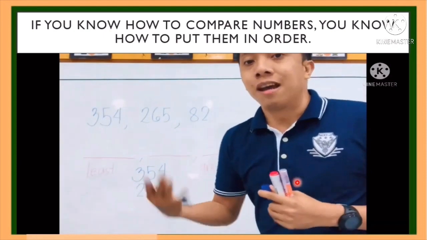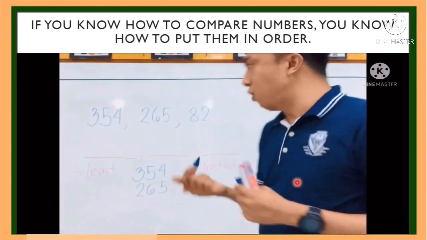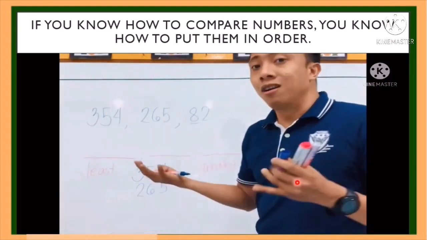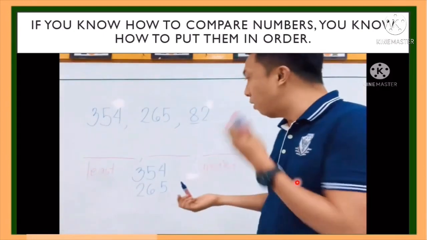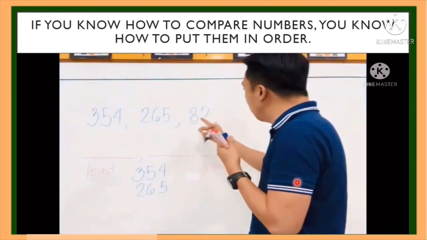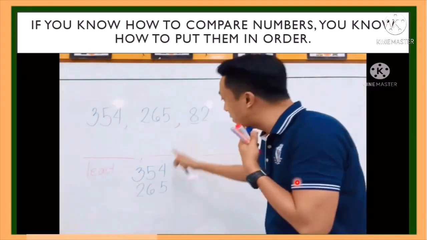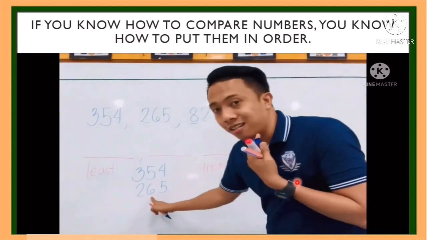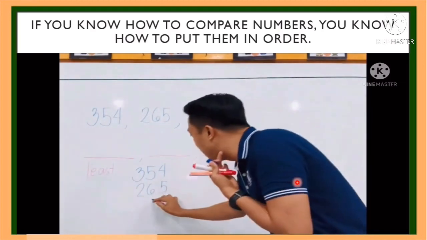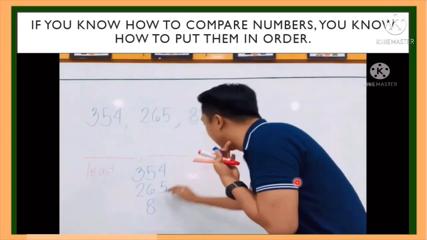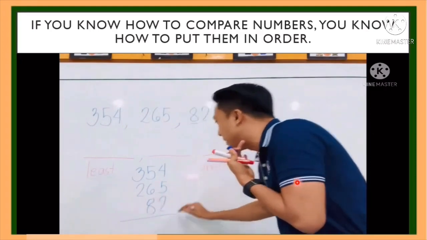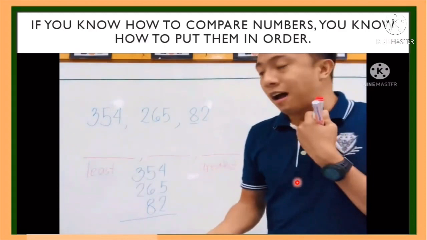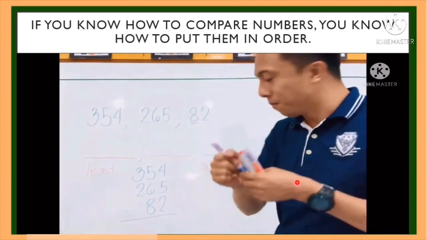We need to follow their place values, correct? Since 8 is on the tens place value, we will line 8 here on 5 and 6. Alright? So I will put 8 here and then 2. Okay, then we are now about to identify which is the least.